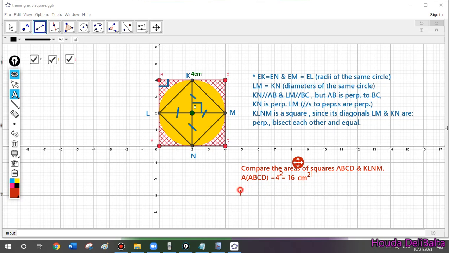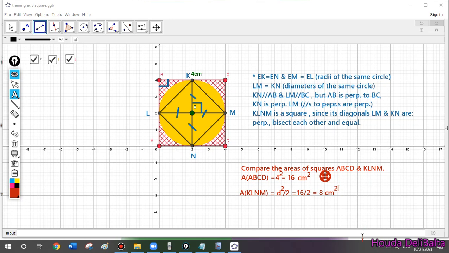And according to the area of KLNM, here I can't use this side for KLNM unless we take Pythagoras later. So here we are going to use the diagonals. The diagonal KN is 4, or the diagonal LM, and we use the property of D squared over 2, which is equal to 4 squared, which is 16, over 2, which is 8 centimeters squared.